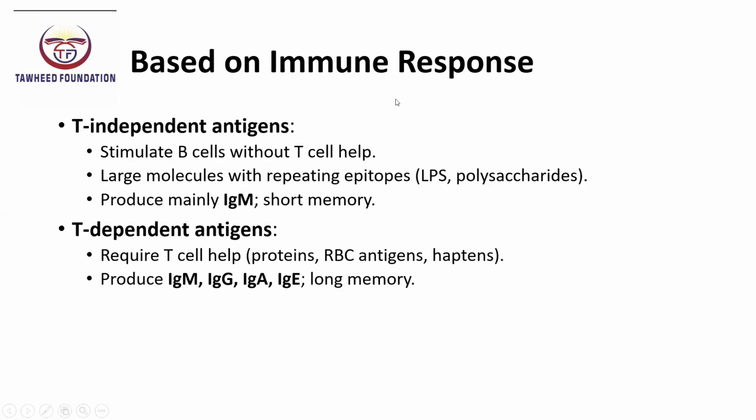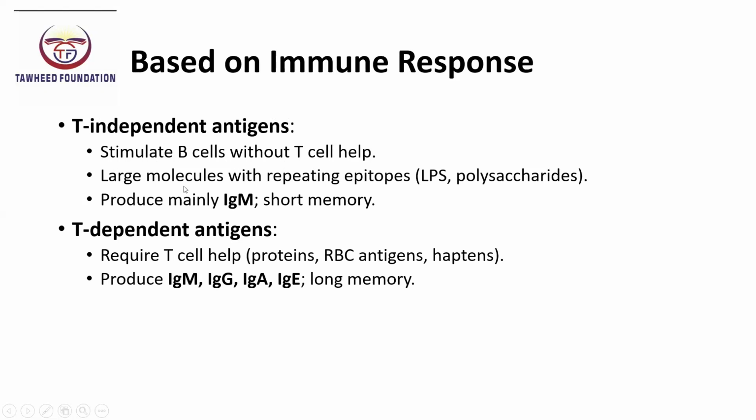So, classification based on immune response. Antigens can also be classified based on the type of immune response they produce. First is T independent antigens and T dependent antigens. T independent antigens are antigens that can stimulate B cells to produce antibodies without the help of T cells.